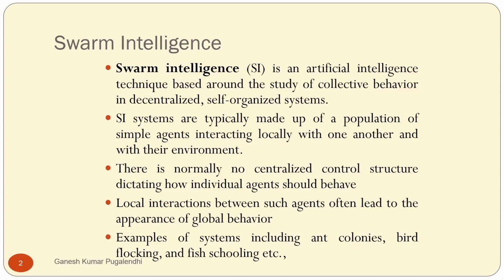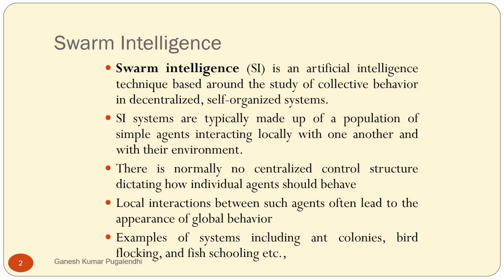In general, there is no centralized control structure that says how an individual agent should behave. There is no need. Further, the local interaction between such agents often leads to the appearance of global behavior.